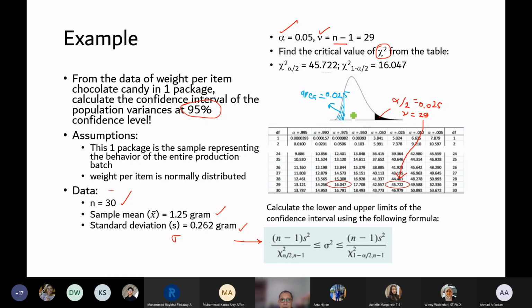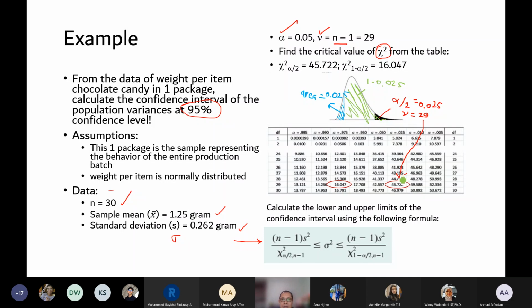Again, let me repeat. We need to find the value of chi-square for which the probability is actually 1 minus 0.025. Again, this is necessary because the table is based on right-hand side integration.